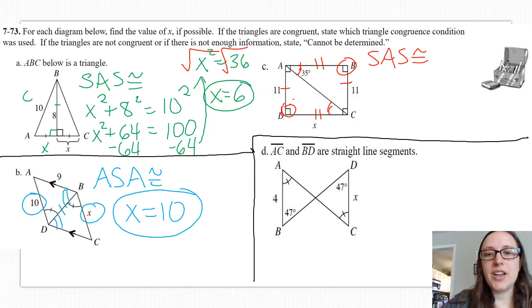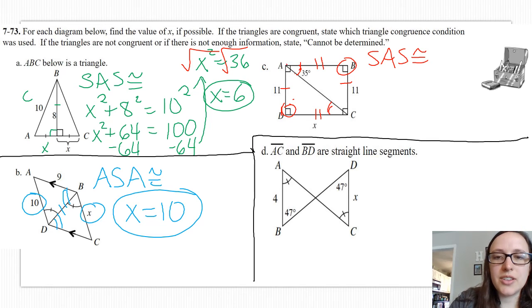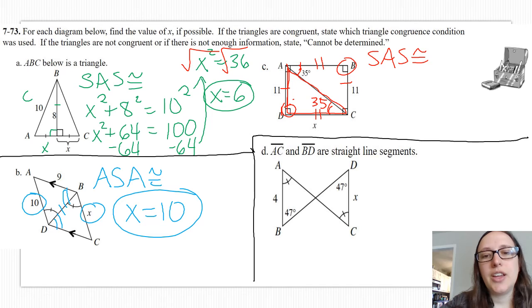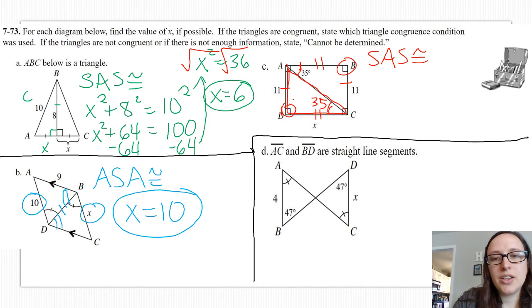All right, and now we can solve for x. So I'm going to look at just this right triangle right here. I know that this angle is 35 degrees, and so I'm going to use trig to find x. We're going to use SOH CAH TOA, sine, cosine, or tangent.